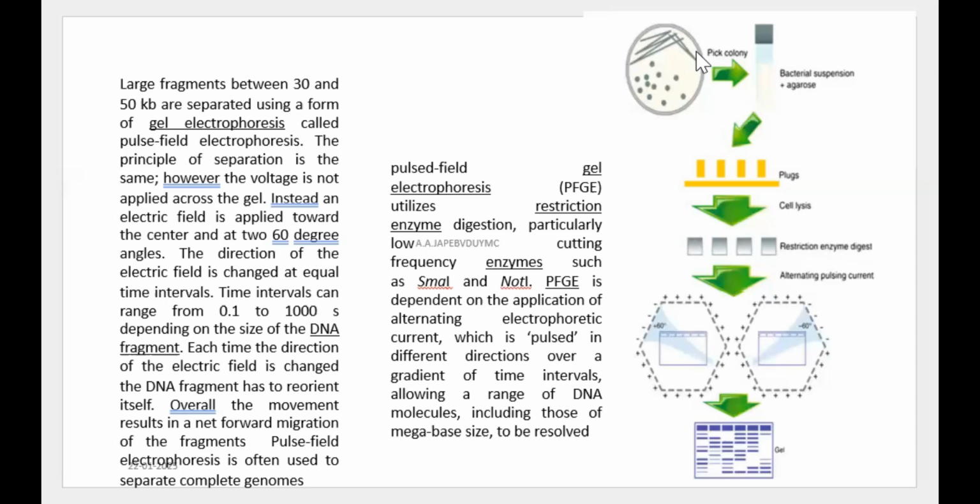So overall, the movement of the DNA molecules will result in net forward migration of the fragment. But this is very important because the size of the molecule is huge, right? So pushing that molecule through the gel with applied current, the current should be just enough not to heat up the system, not to denature the system, retaining the molecular structure of the DNA molecule or fragment under study.